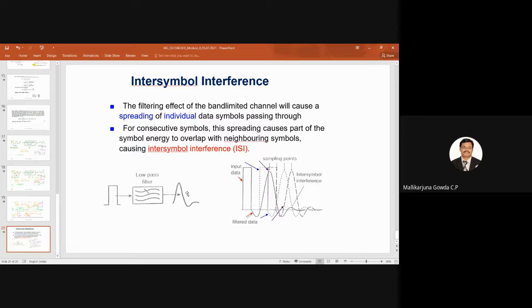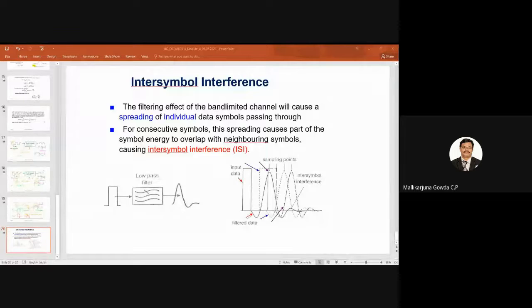If I'm not getting any response from your end, I don't know whether my network is connected with you people or not. Hello, or is everybody busy with something else? See, nobody is responding. Forty students are there, nobody is ready to talk.